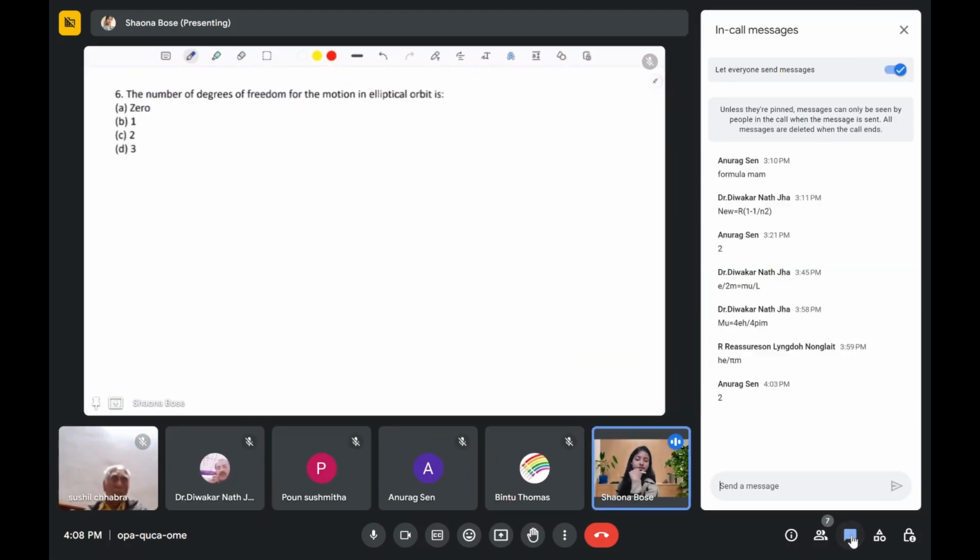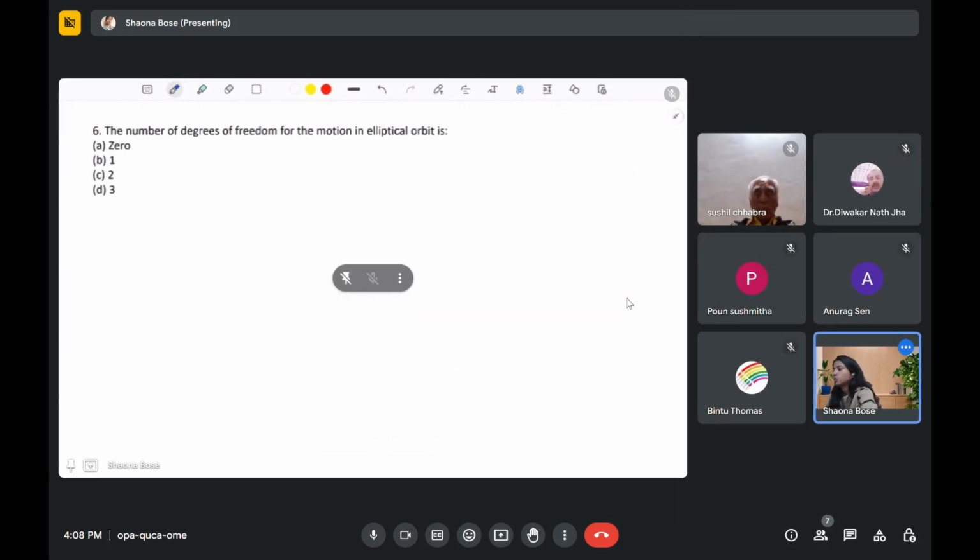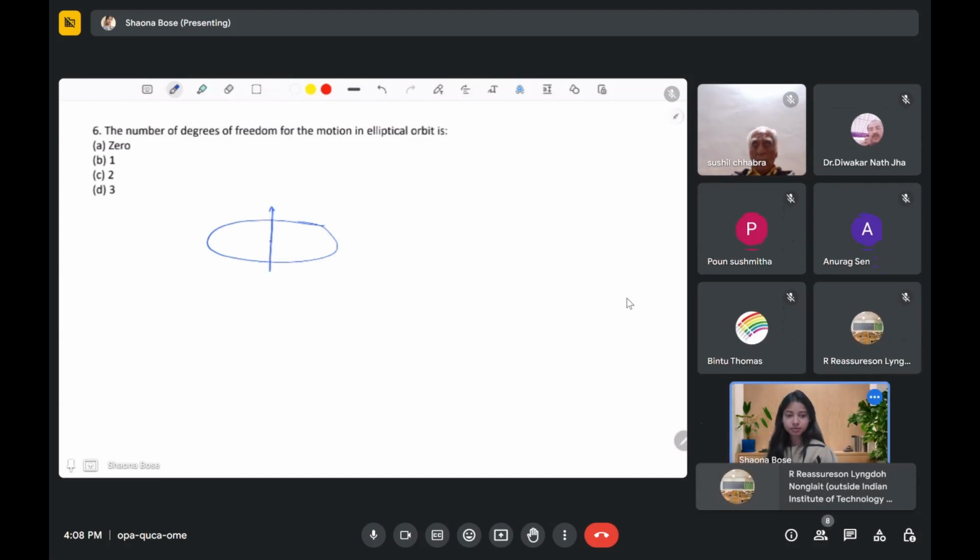Okay, so I'm back. So yes, I've seen that somebody has already given an answer. Anurag, yes, you're absolutely correct. It's two. Why two? If you have an elliptical orbit and you have an electron here, you have the radius changing, right?